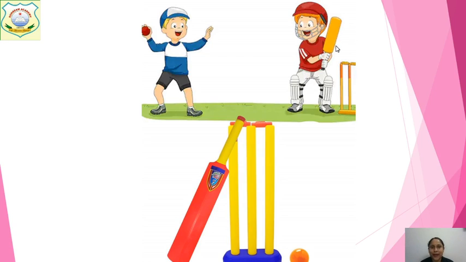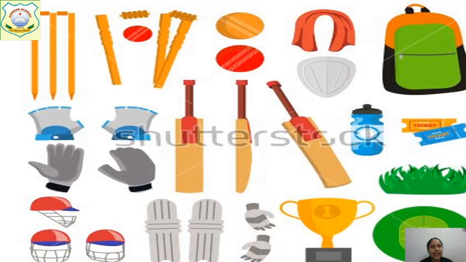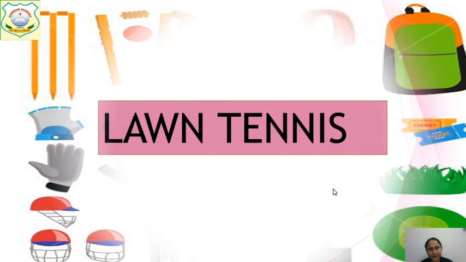Yes, it requires a bat and a ball. So children, this is the game of cricket. Now these are the many things which are required for the cricket. You can see wickets, bat, ball, gloves, pads. So these are the things which are associated with cricket.